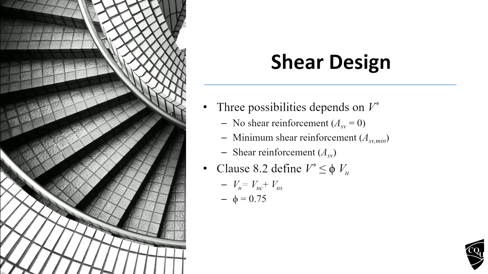The shear capacity of the beam Vu is equal to VUC plus VUS. Okay, so two components, Vu is equal to VUC and VUS. So the condition is the same: V star should be less than or equal to phi times Vu.